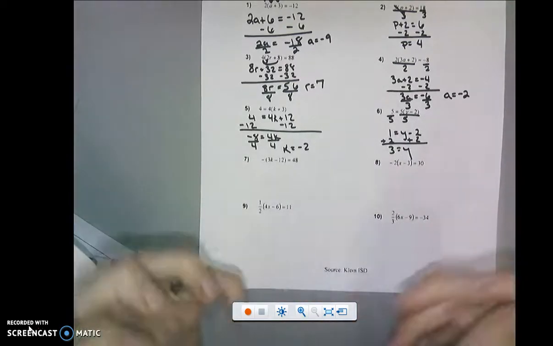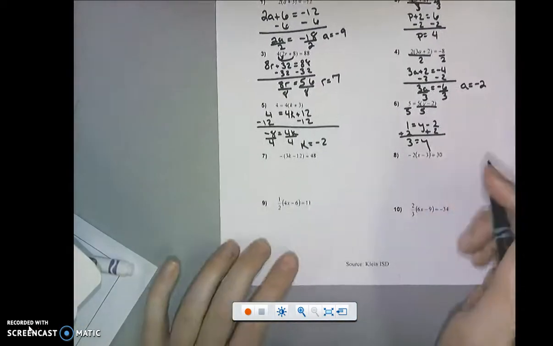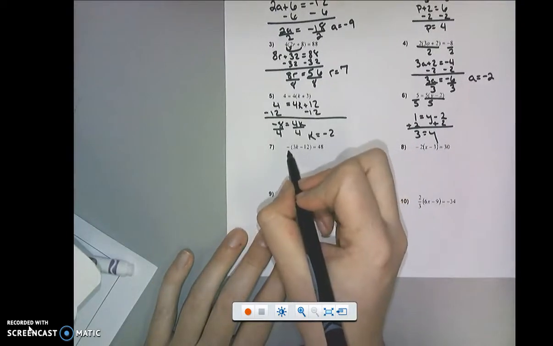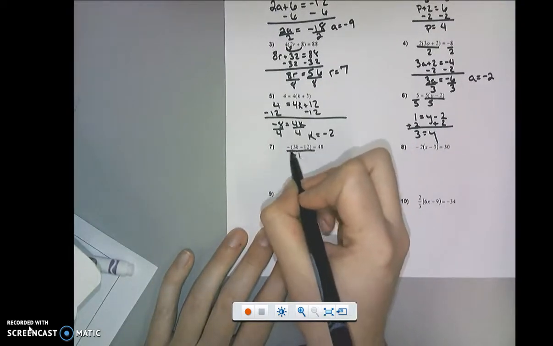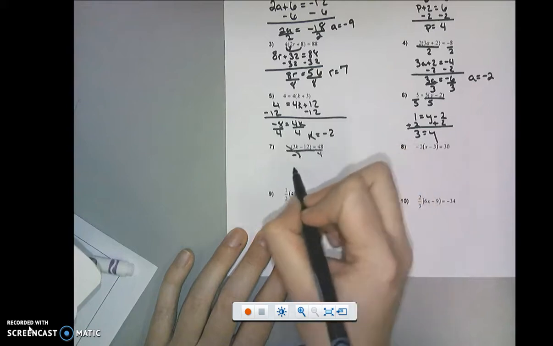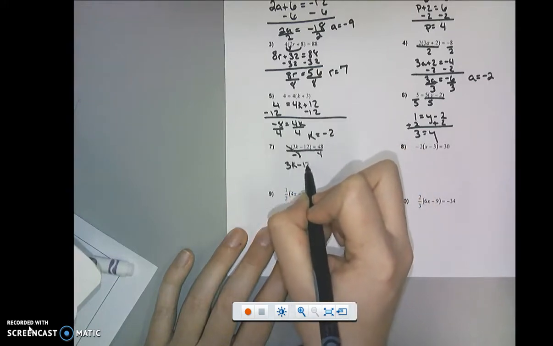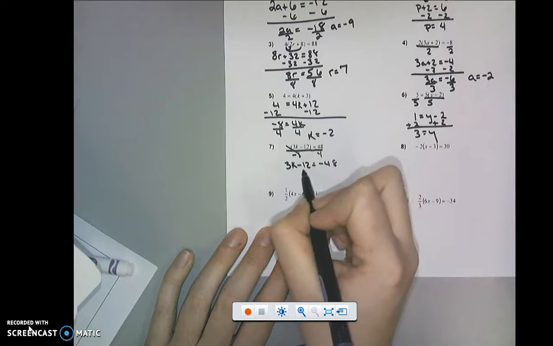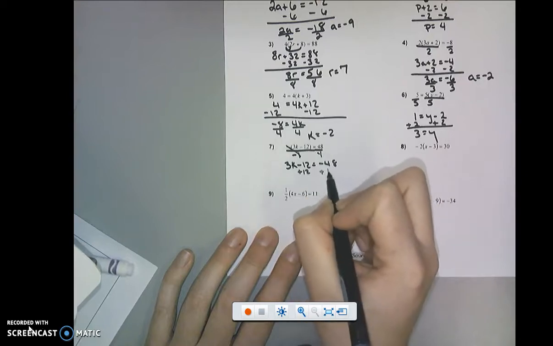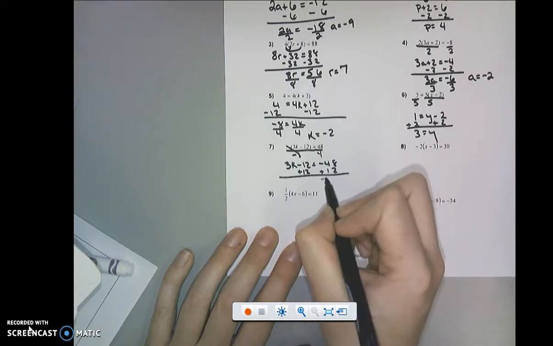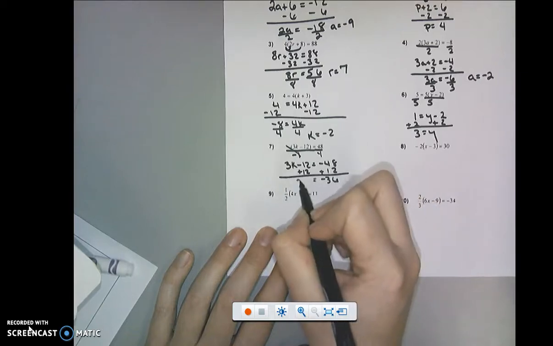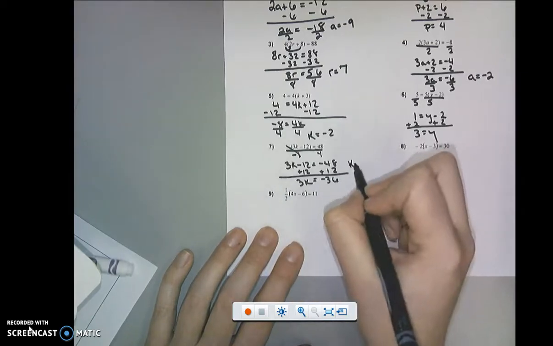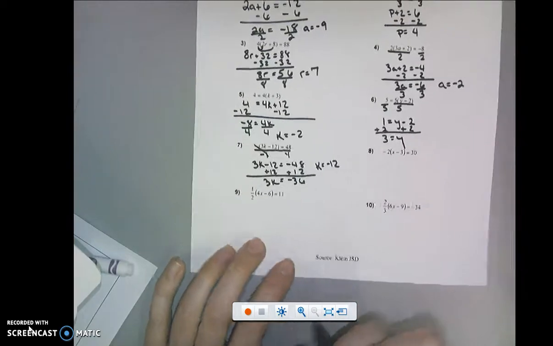Again, you can choose which way you like better. So here I'm going to divide by a negative 1, because that's going to cancel out. So I have 3k minus 12 equals negative 48. Add 12. I'd have negative 36. And k would equal negative 12.